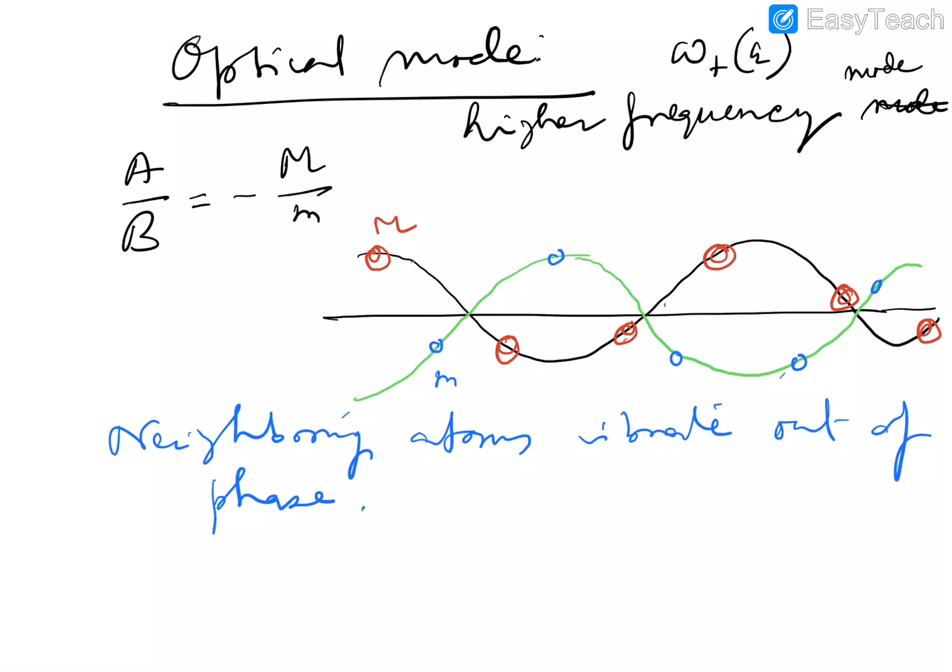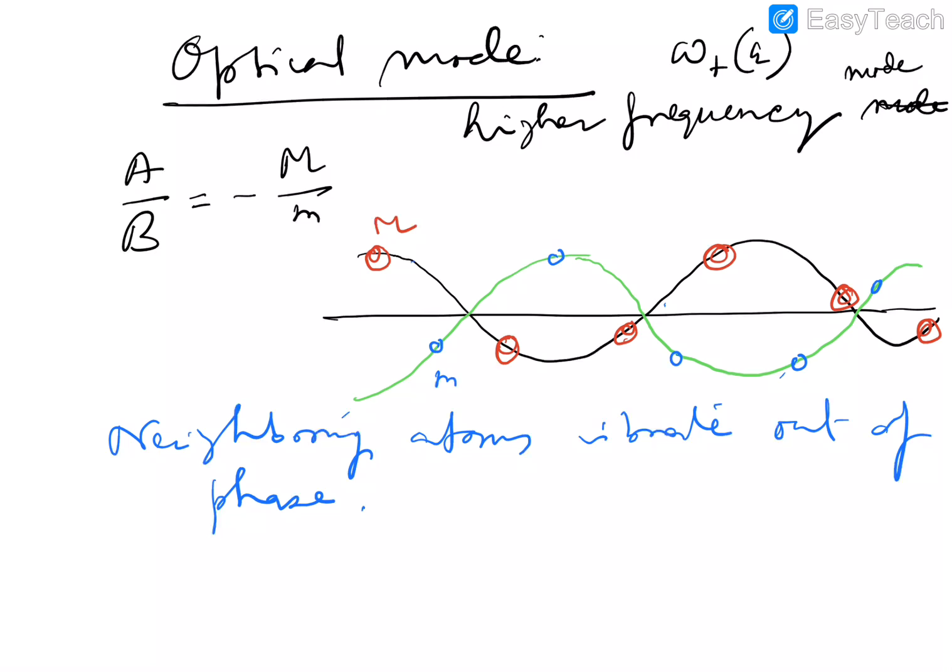So now we have considered the acoustic mode, and we are trying to see how these two atoms are vibrating in the acoustic mode. The acoustic mode means that the oscillations are in the same phase. We find that for q equal to 0, that is for long wavelength, the vibrations are acoustic vibrations.